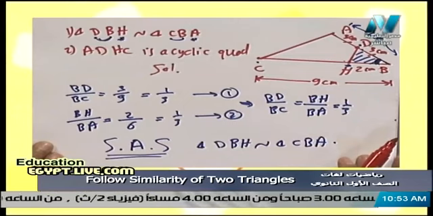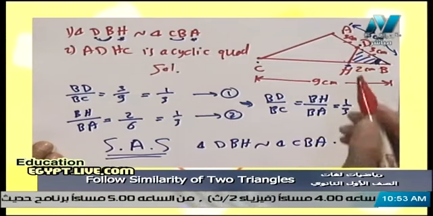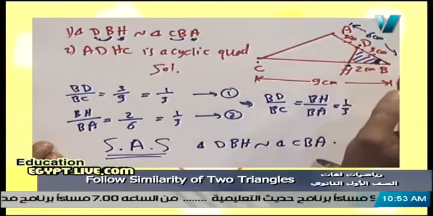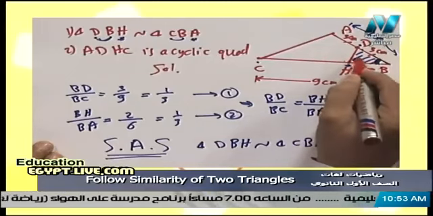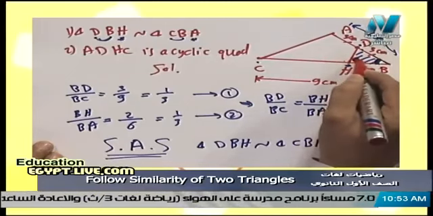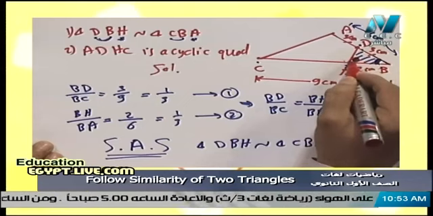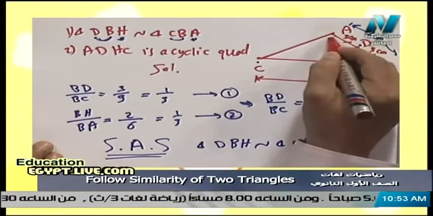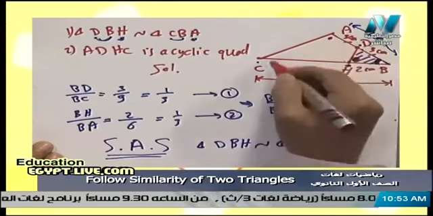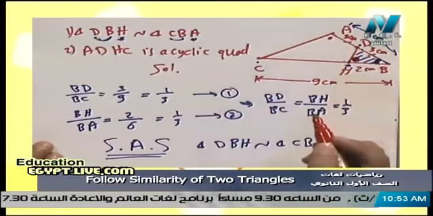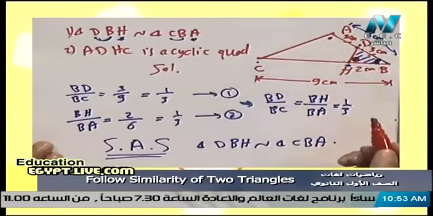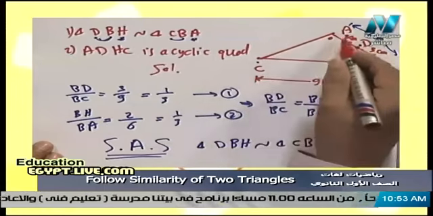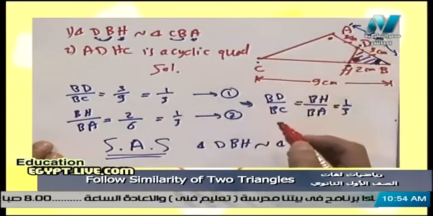In third preparatory second term, we studied the cyclic quad, and one of the conditions is that if an exterior angle of the quad at a vertex equals the opposite interior angle, then this quad is cyclic. What's the meaning of cyclic? It means a circle can pass through A, D, H, and C.